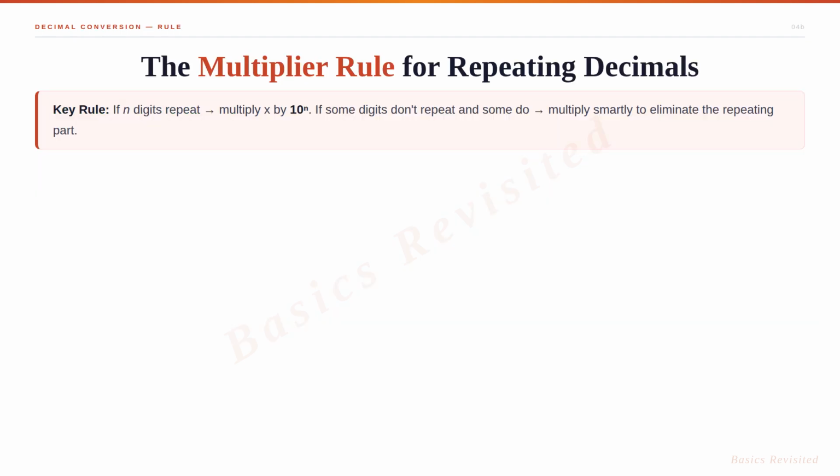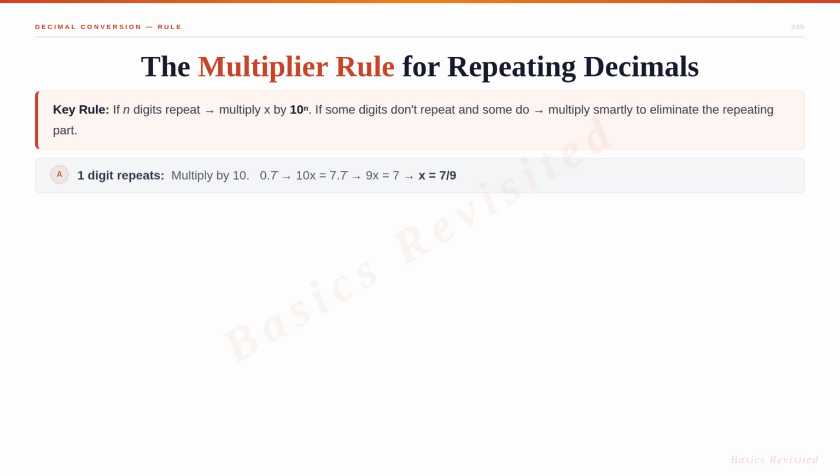Here is the key rule for choosing your multiplier when converting repeating decimals to fractions. Case A: if one digit repeats, multiply by 10. For 0.7 repeating, 10x equals 7.7 repeating, subtracting, 9x equals 7.